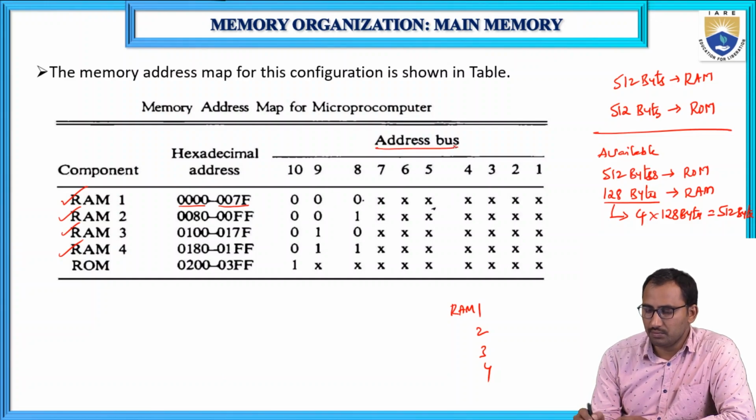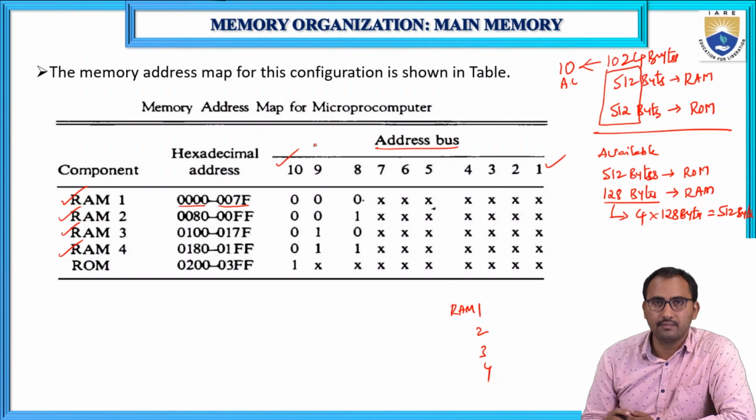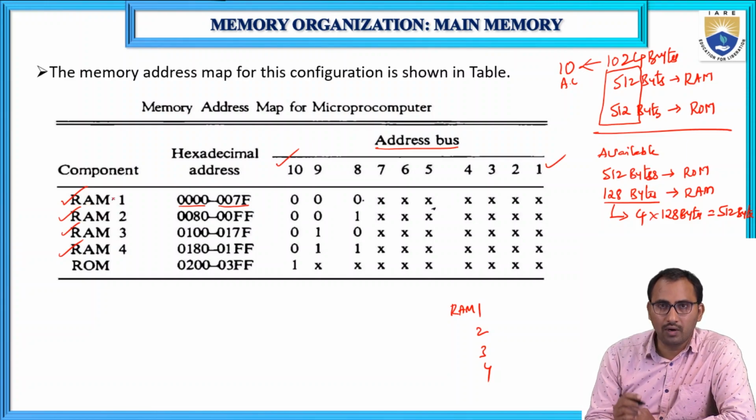These are the address bus lines. Because 512 plus 512 is a total of 1024 bytes, we require 10 address lines, 1 to 10. What is the size of RAM 1?